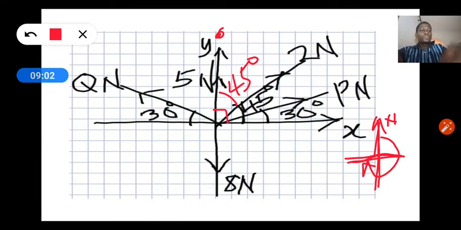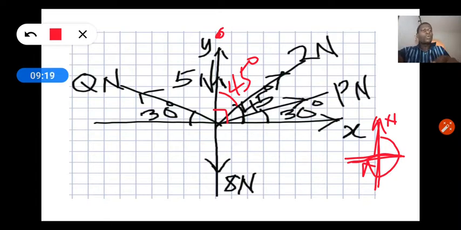So if it's 45 degrees from 0, then the remaining part is 45 degrees. So we are trying to obtain the direction of all those forces to the what? To the horizontal. So the remaining balance will be 45 degrees.